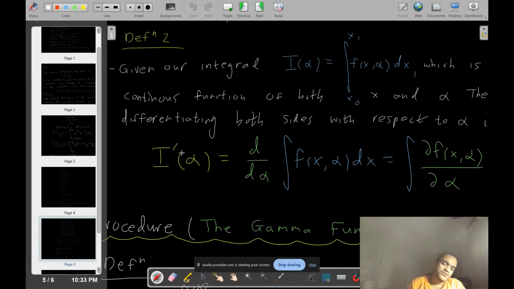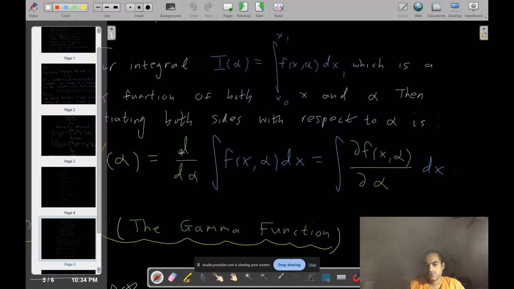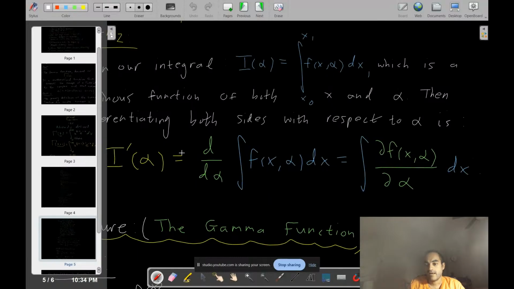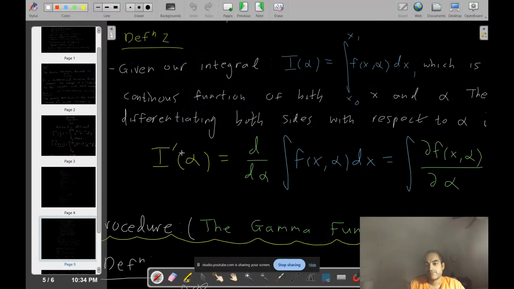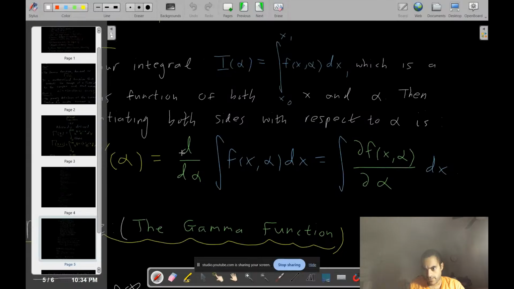So definition 2: given our integral capital I as a function of alpha equal to the integral from x0 to x1, the lower to upper bounds, of f as a function of x comma alpha dx, which is a continuous function of both x and alpha, right? Because now I is a function of alpha, I define a parameter alpha. So if my function was already x, now it's x and alpha, which is a continuous function on both x and alpha.